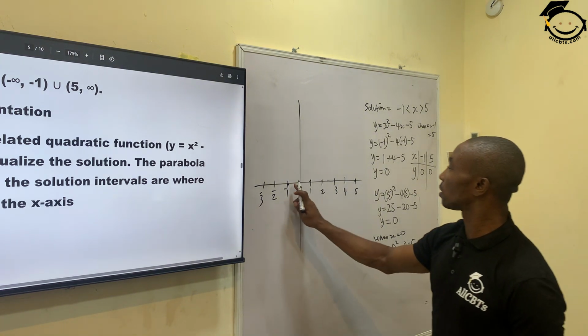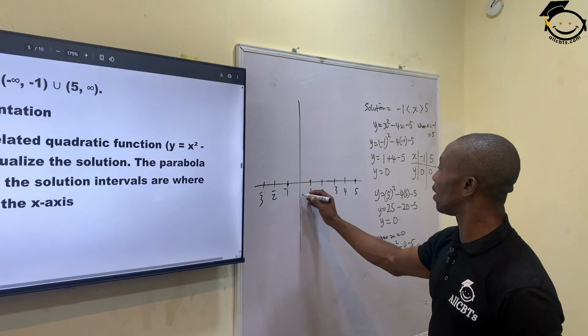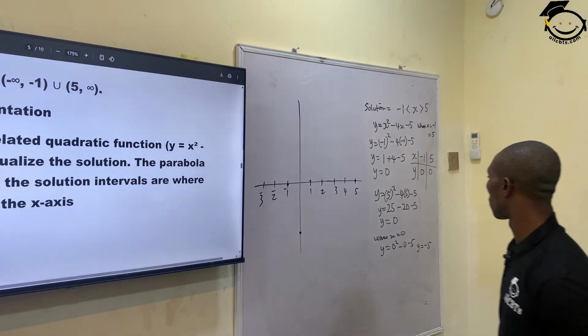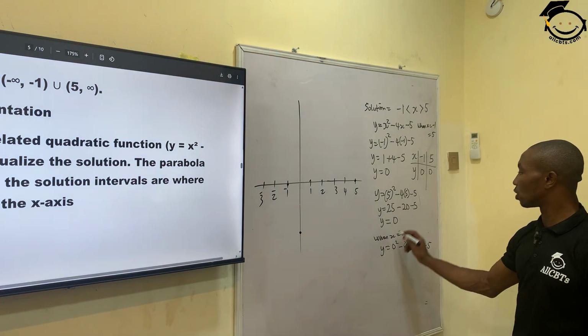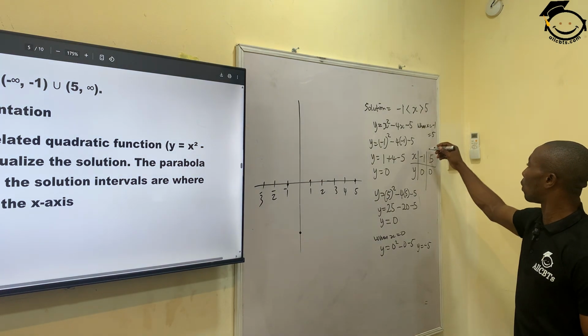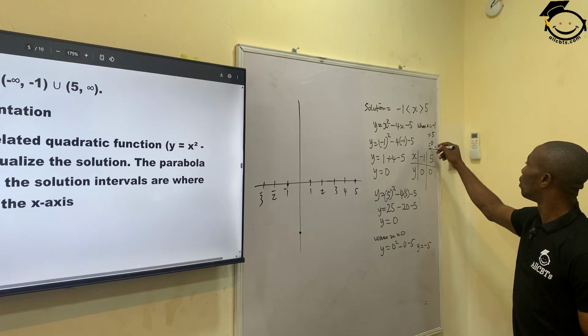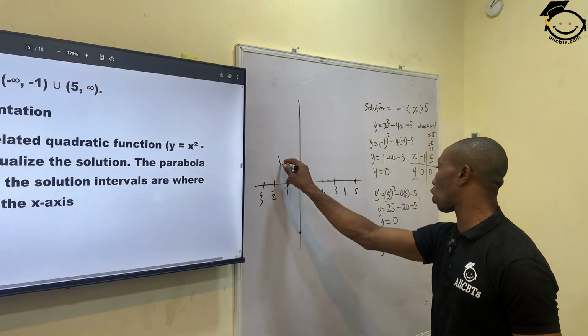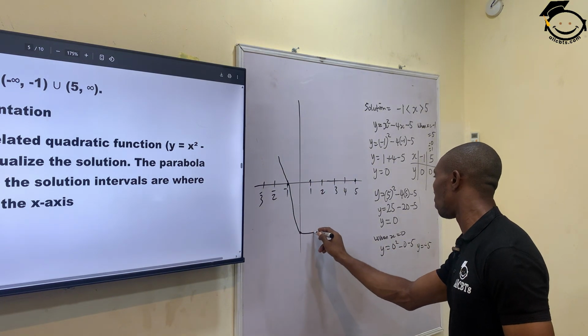Now, since x is 0, y is minus 5, that means our graph will come down this way. So at the end of the day, you find out that your graph is coming in this form.